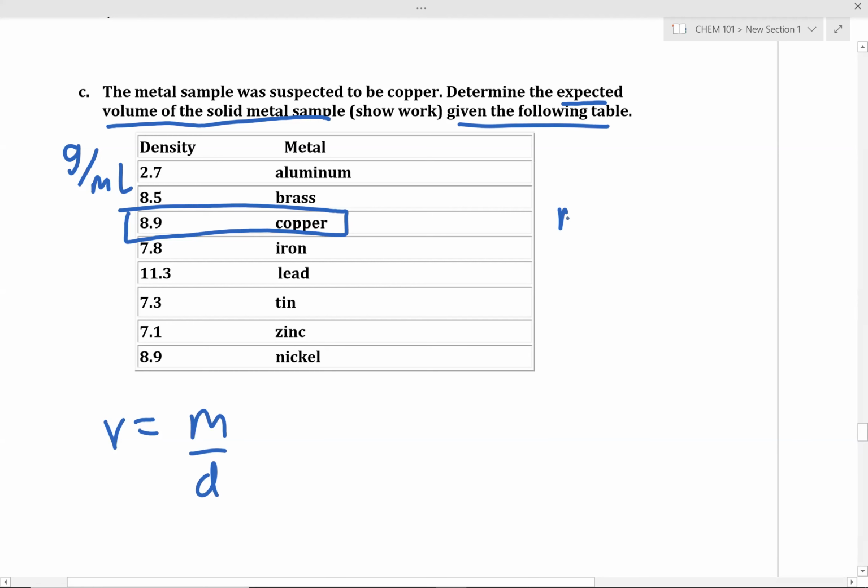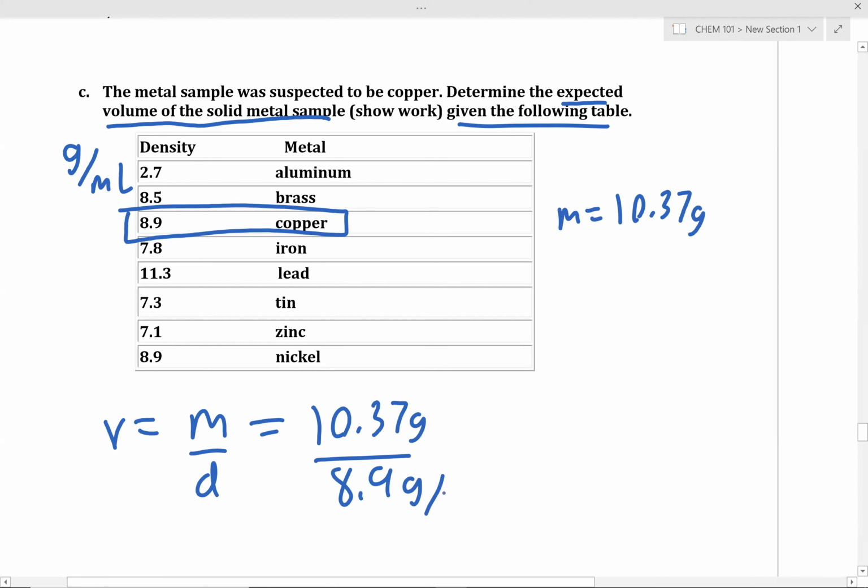So we know that our mass is 10.37 grams. Do we have both pieces of information needed to calculate the volume? Yes. So we have 10.37 grams divided by 8.9 grams per milliliter.